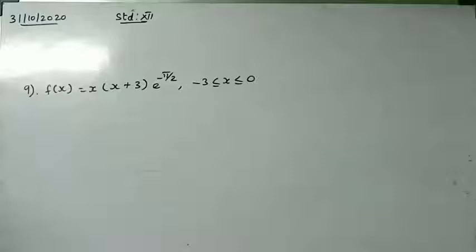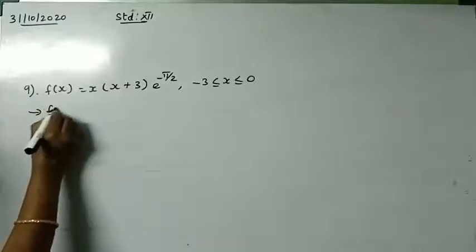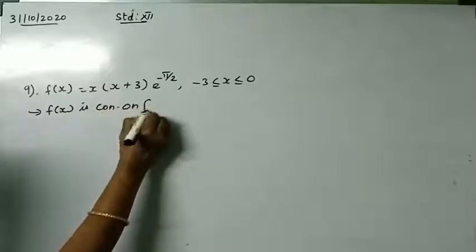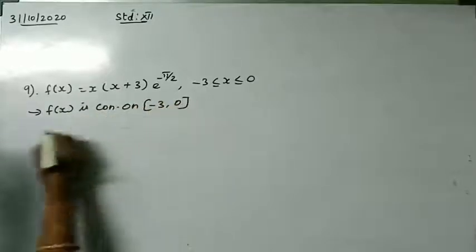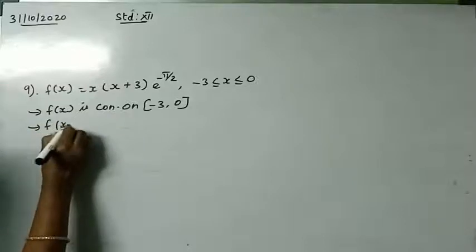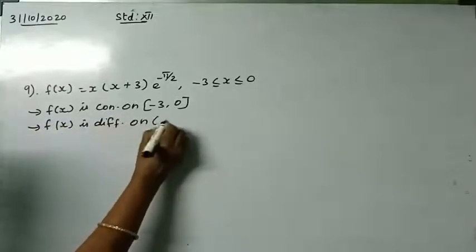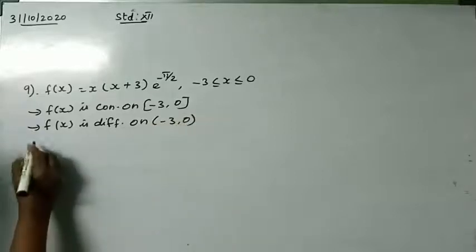So the interval is minus 3, 0. Let me take f of x as continuous on the given interval minus 3, 0 and f of x as differentiable on minus 3, 0.